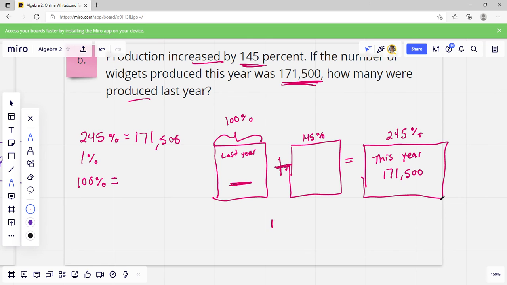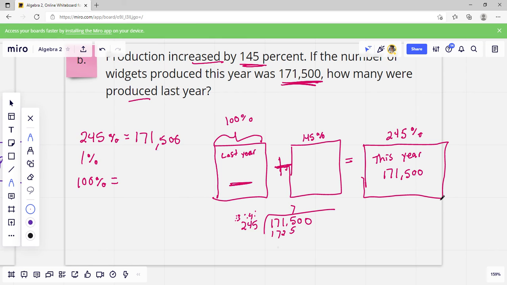So I'm going to go 171,500, and I'm going to divide that by 245. Let's see. I'm going to try 7. Right there, maybe. 7 times 5. It's going to be 7 right here. 7 times 5 is 45. 7 times 4 is 28, 29, 30, 31, 32. Oh, maybe not. 7 times 2 is 14, 15, 16, 17.